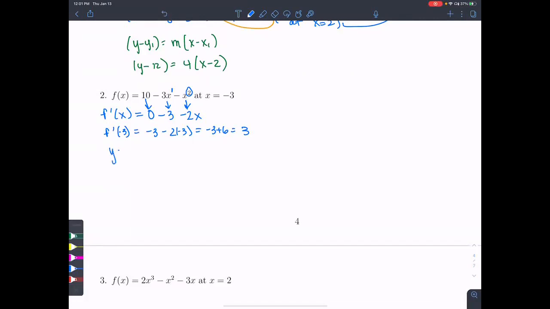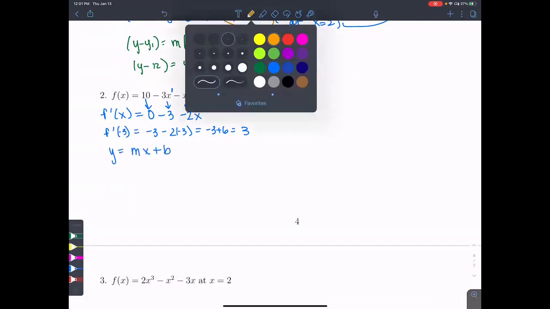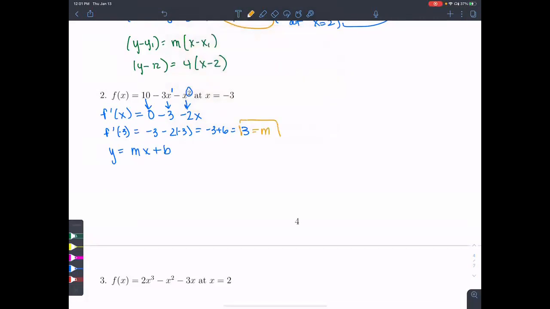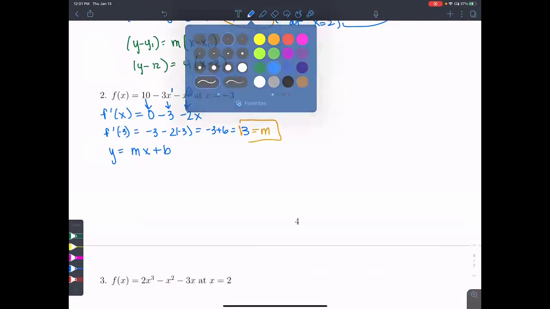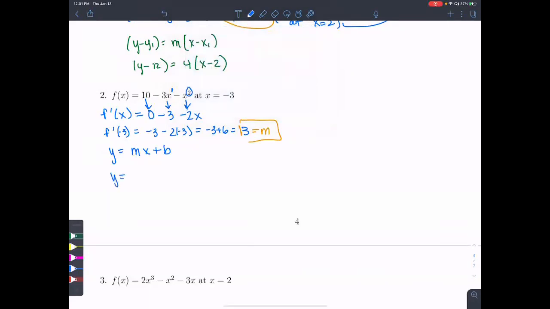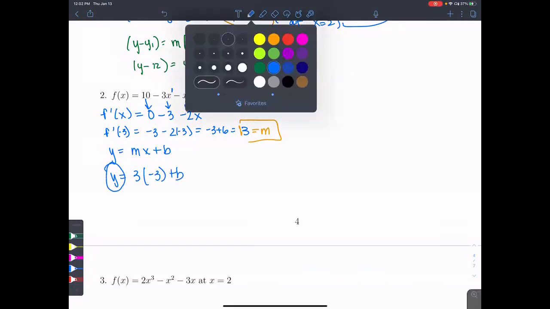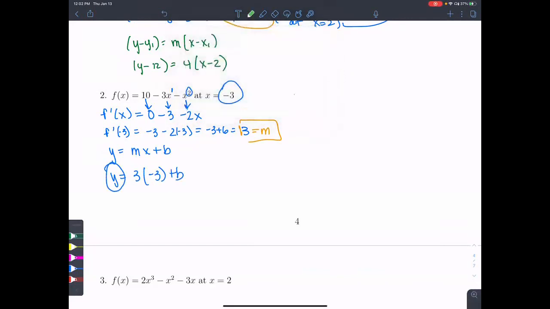So if we're trying to do y equals mx plus b, I know that this is m. So I have y equals 3 times x, which is negative 3, plus b. What is y there? That would be f of negative 3.